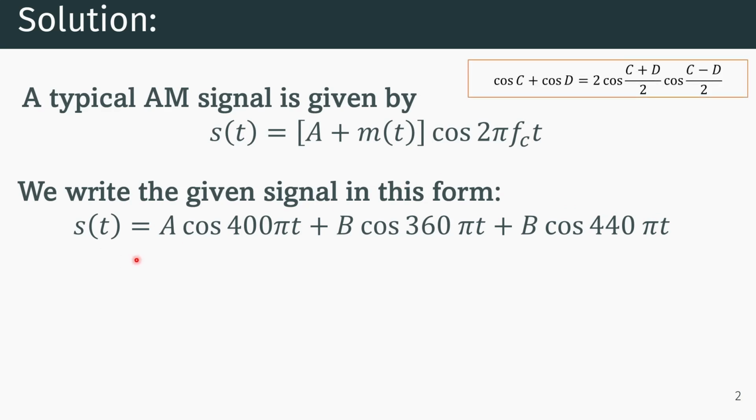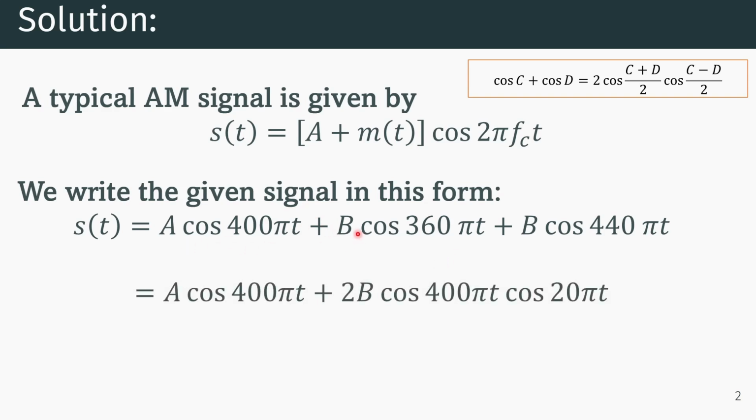To do that, we will apply the trigonometric identity cos C + cos D = 2 cos((C+D)/2) cos((C−D)/2). We use this identity on the second and third terms of S(t), where we take B out and get cos 360πt + cos 440πt.